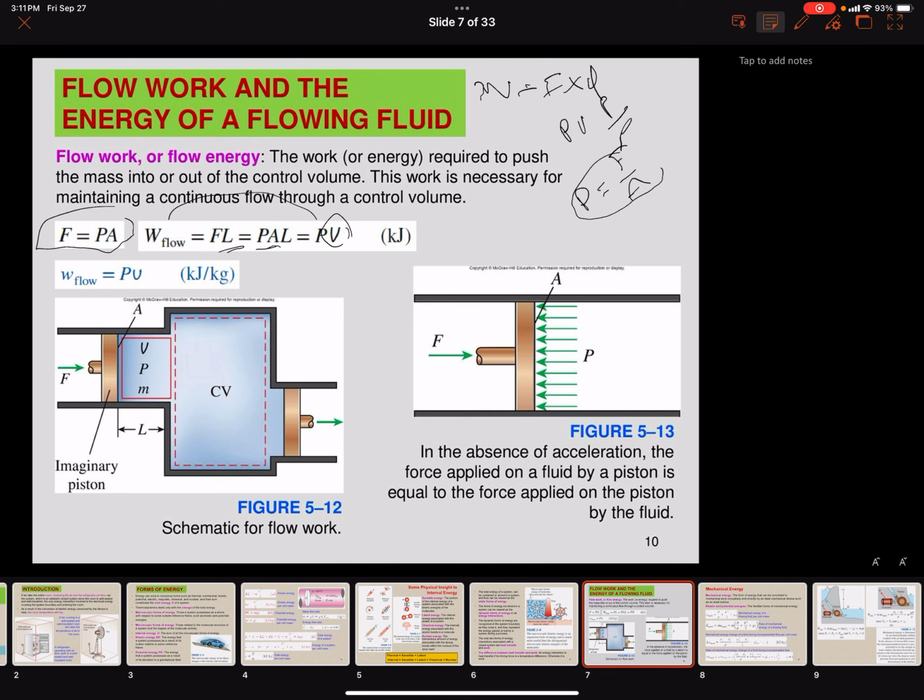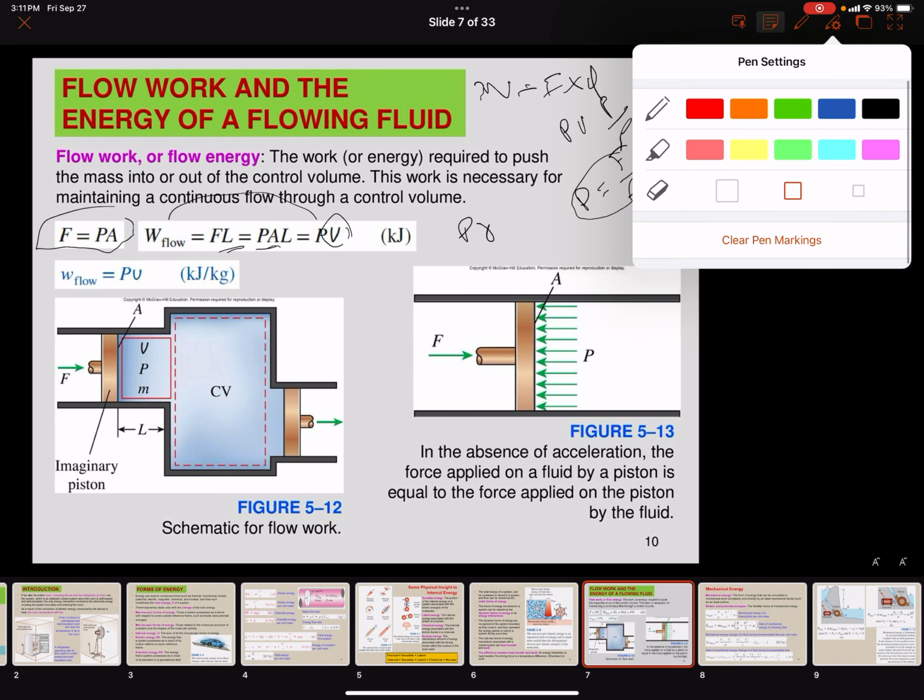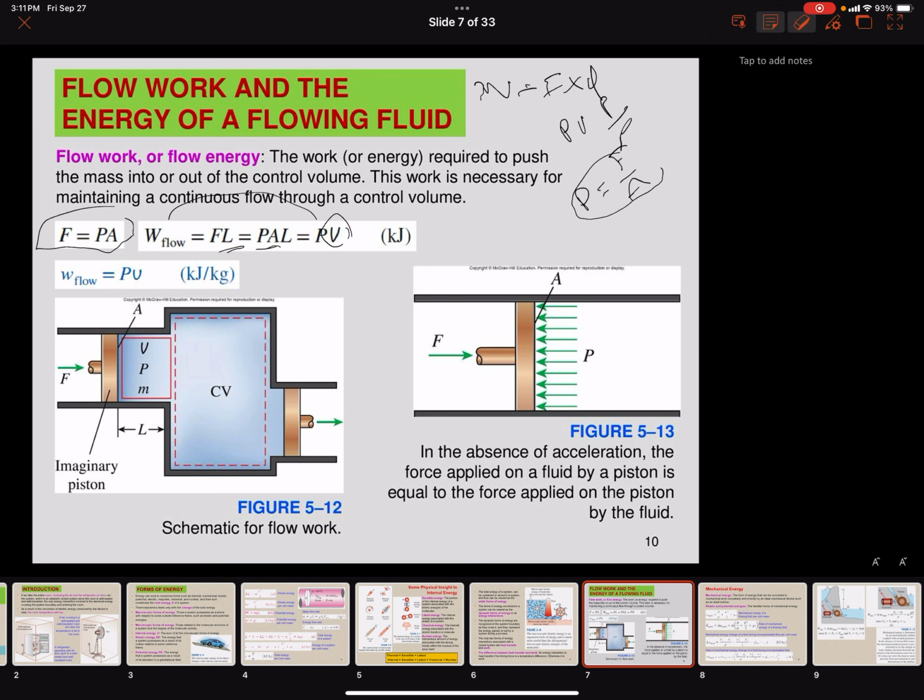And if we divide by the mass, it will be the pressure multiplied by the specific volume v, and we can say P over rho. So this is the idea of this slide.